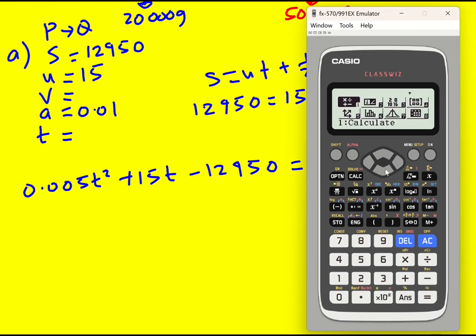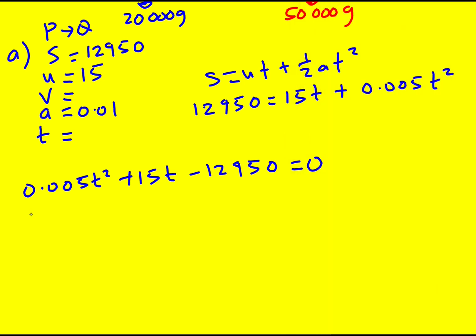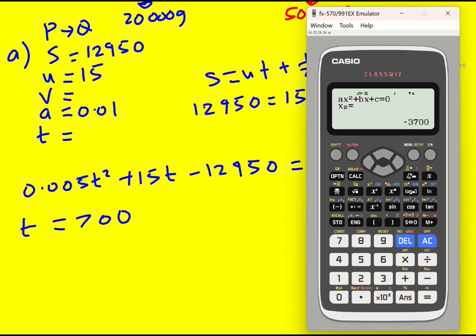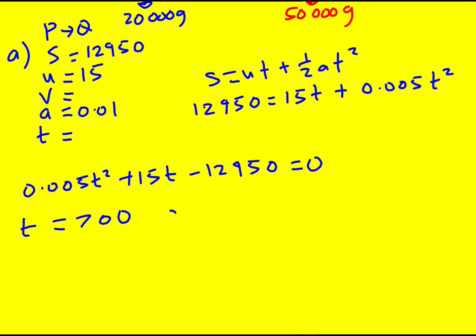Just put it into your calculator's quadratic formula function. Of course, you just have to rearrange it so it's equal to 0 first. Okay, so t is 700. This would actually have factorized, or minus 3,700, which we reject.